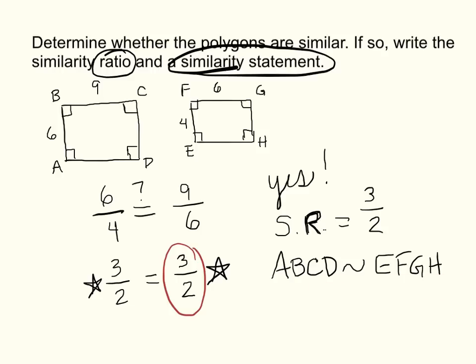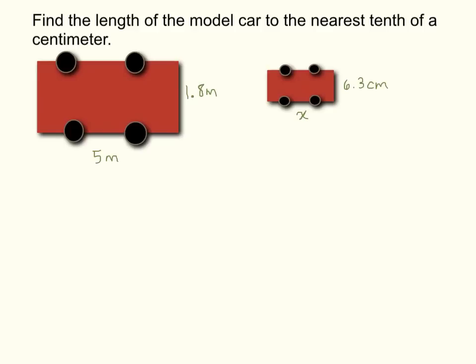It kind of goes without saying that if these did not turn out to be congruent, my answer here would be no. And if your answer is no, obviously you don't have to find the similarity ratio or write the similarity statement.